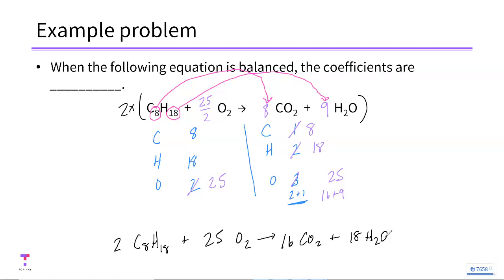Now, that being said, most of the time, we're not concerned with the molecular basis of chemical reactions. If we're doing a reaction in lab, we're not dealing with one molecule of octane and trying to create exactly 8 molecules of carbon dioxide and 9 of water. We're usually measuring things out.